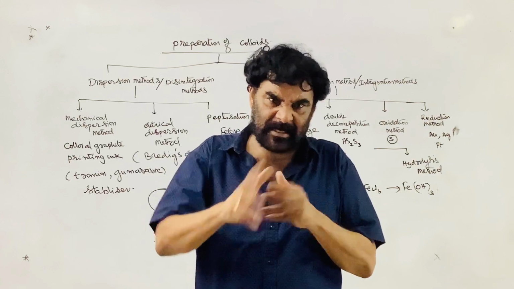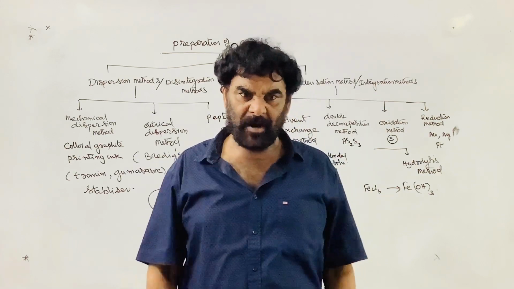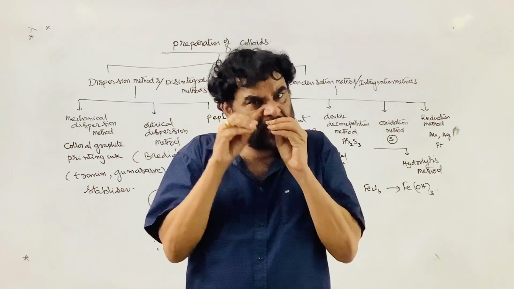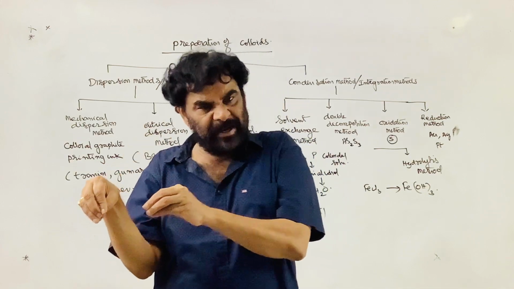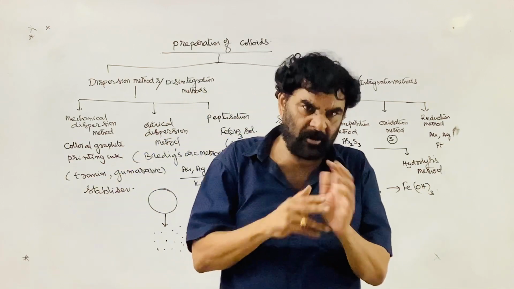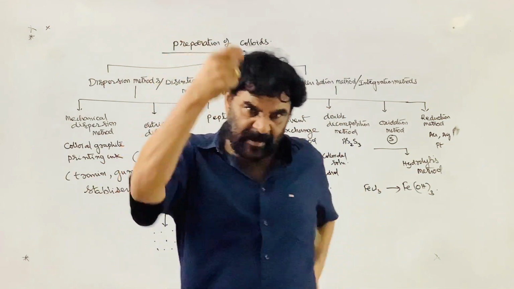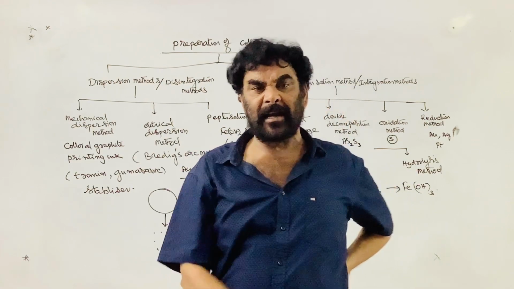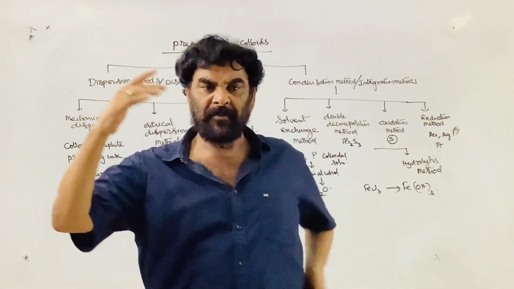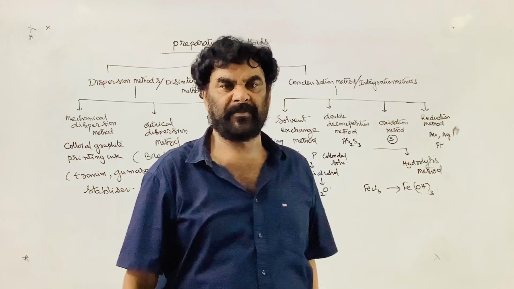Because of the rotation, the dispersed phase and dispersion medium are thoroughly combined, the particle size decreases to the colloidal level, and it comes out in the form of a colloidal solution.